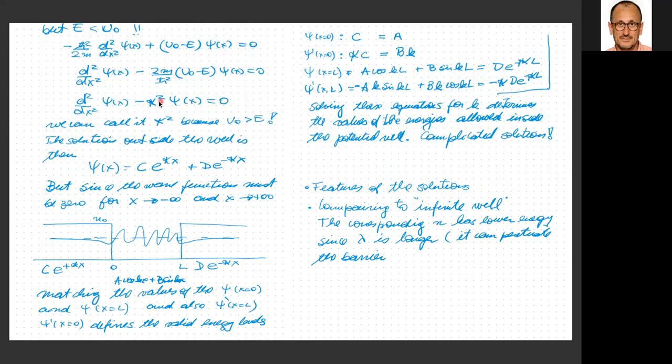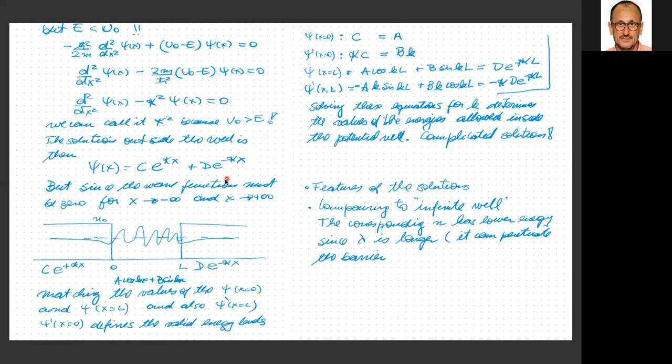And this value is positive for energies E less than U naught, so for this energy range I can write it like that. If this is kappa squared, the solution is phi of x equal to c e to the kappa x plus d e to the minus kappa x.